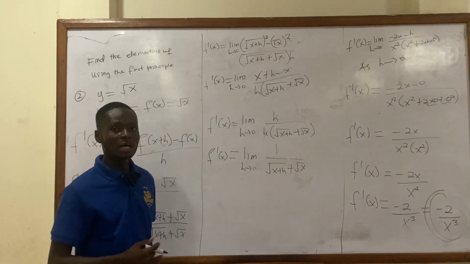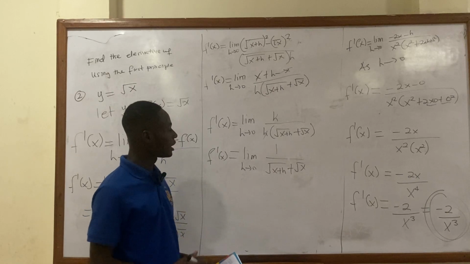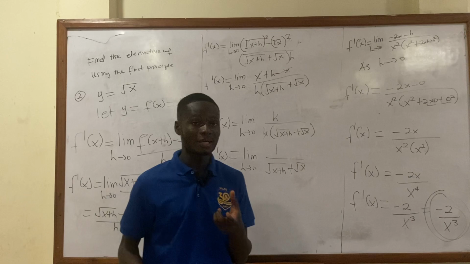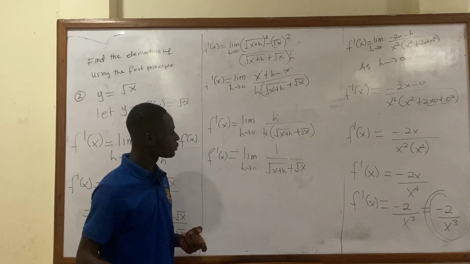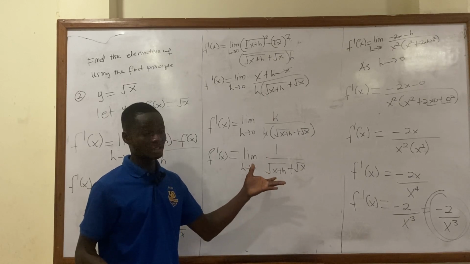All right? From here, we can now go ahead and substitute the value of h into the expression, because now we have simplified the expression into its lowest term. So you don't have to simplify again. Now we don't have anything to do here anymore.